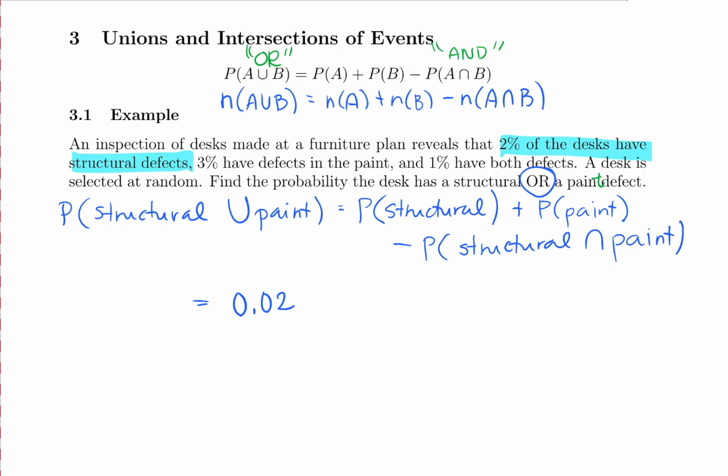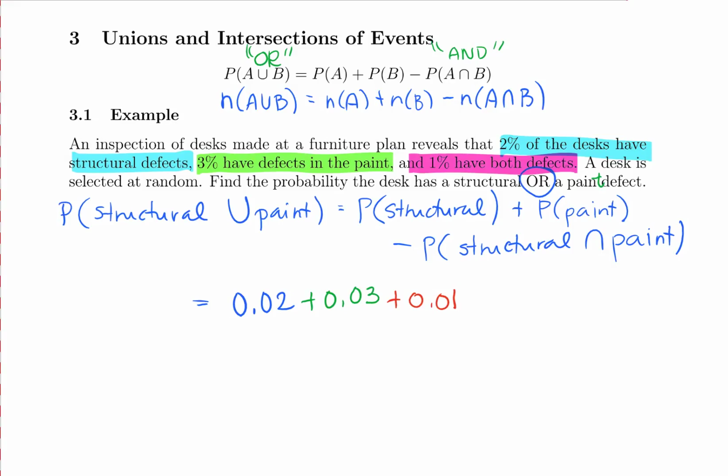We see that 3% have defects in the paint. So we can interpret this as the probability for the paint. So this will be plus 0.03. If we convert 3% to a decimal, we get 0.03. And finally, we have that 1% have both defects. And so this will become 0.01, again converting to a decimal.